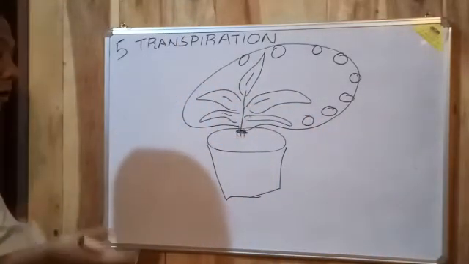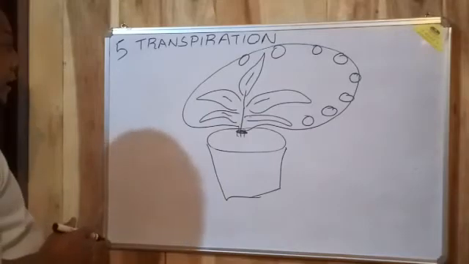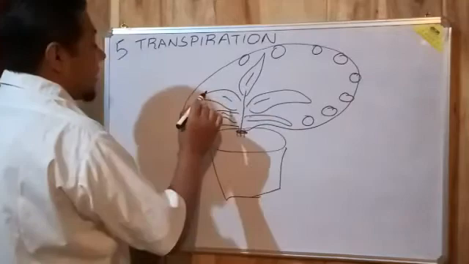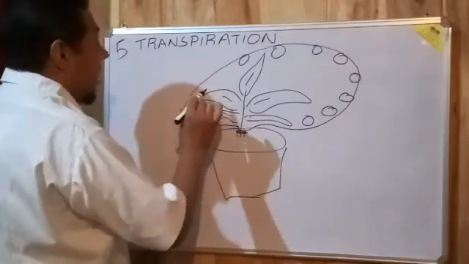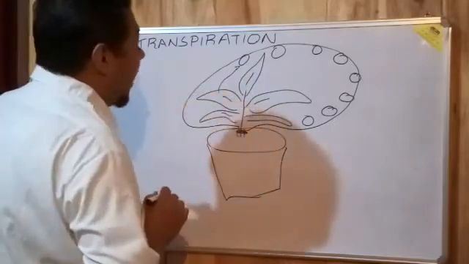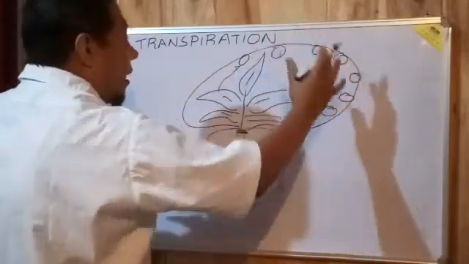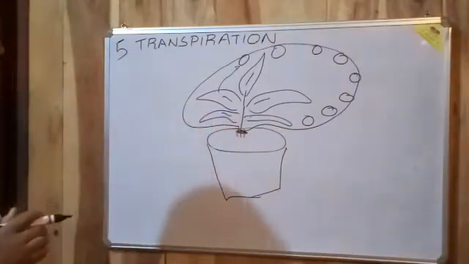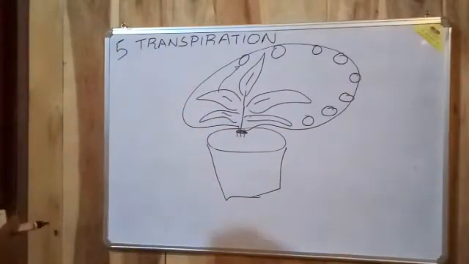As it is transparent, you can easily see it from outside. Now, this proves that the plant has transpired and water has been lost in the form of water vapor, and that water vapor condensed in the transparent polybag. That is known as transpiration.